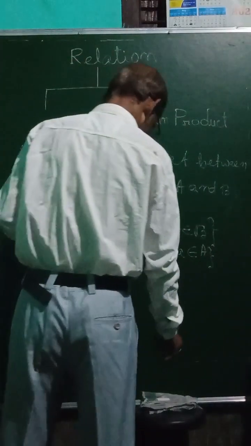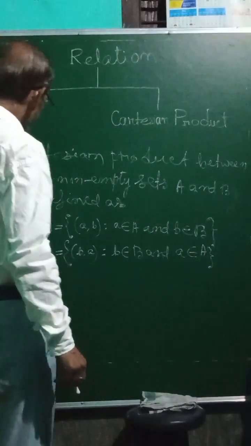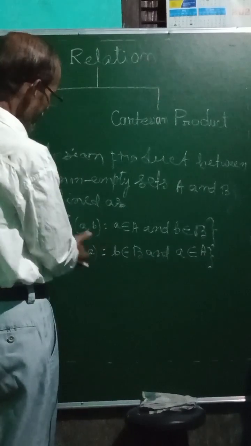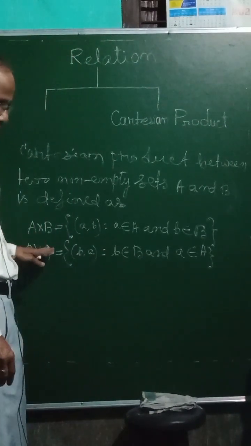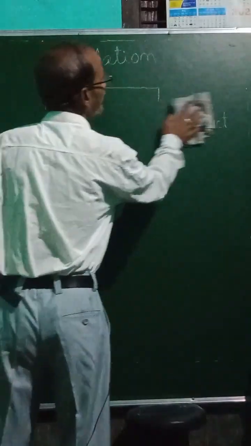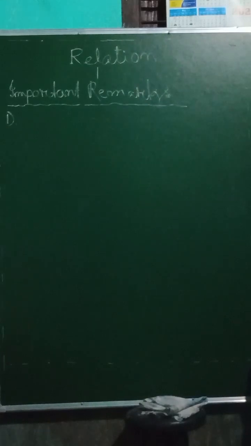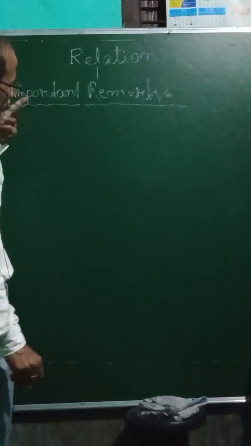Now let us understand some other important remarks about the cross product. Important remarks. Number 1, we have seen that ordered pairs are always written in order.